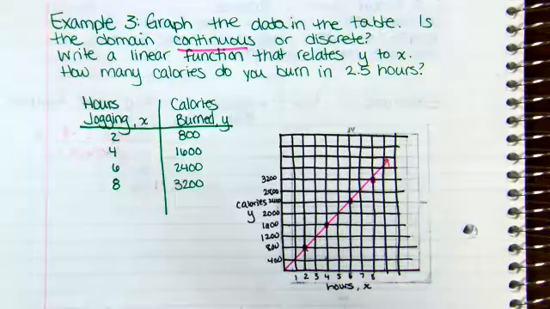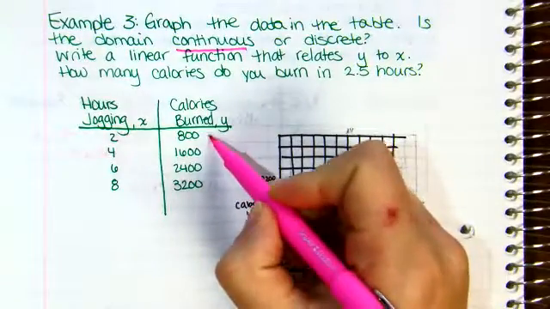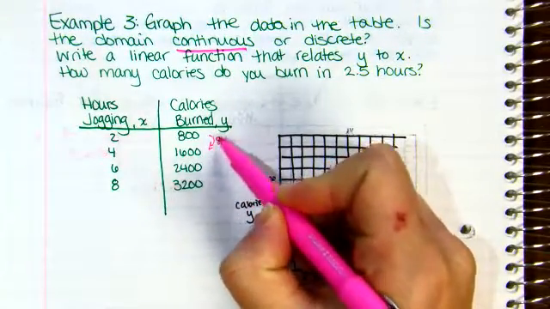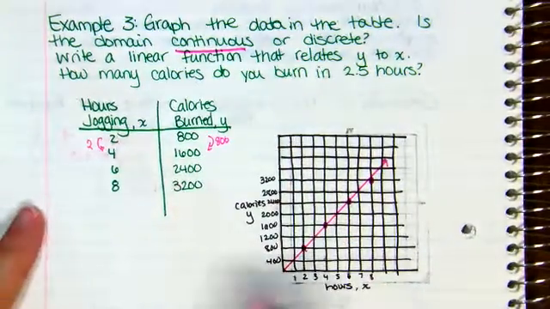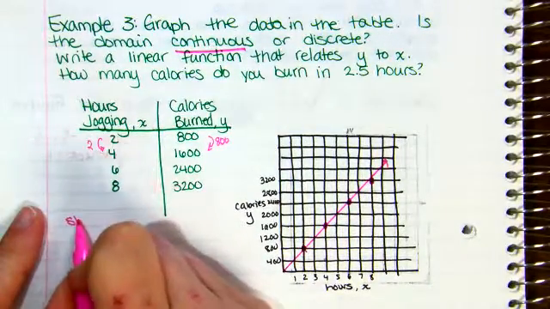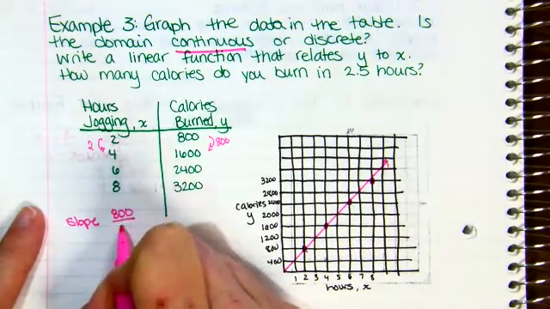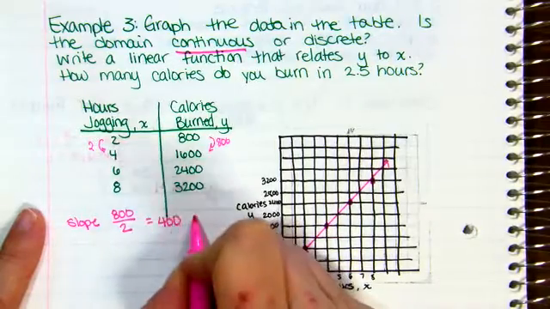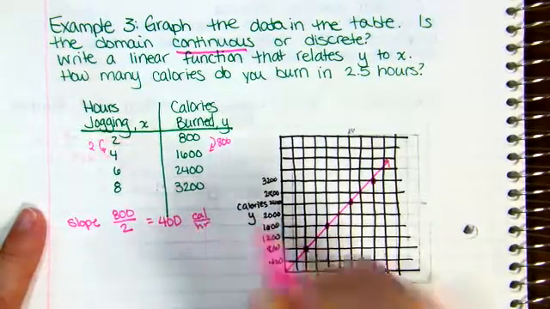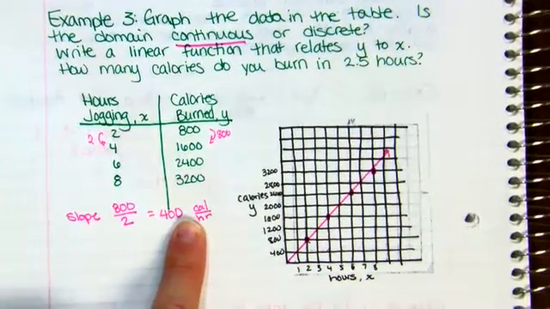Our next step is to write a linear function that relates y to x. You can see I have a straight line here. My y is changing by 800 each time. My x is changing by 2 each time. So my slope is going to be 800 calories per 2 hours, or 400 calories an hour. That's going to be the slope for my linear function.